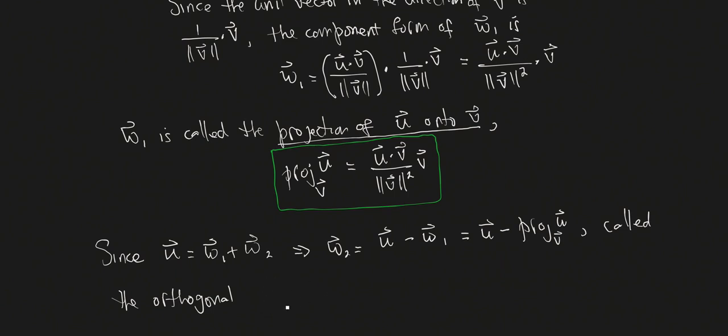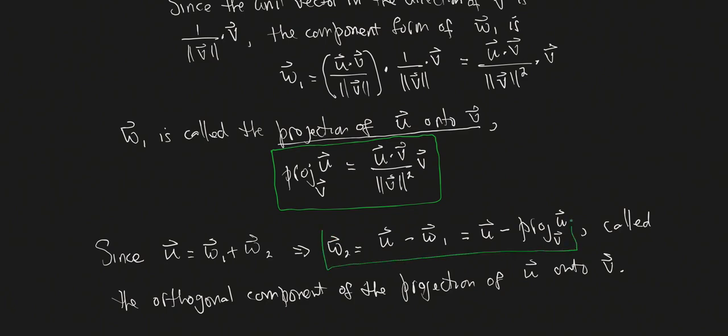The projection is what we just defined there, and this orthogonal one is called the orthogonal component of the projection of u onto v.